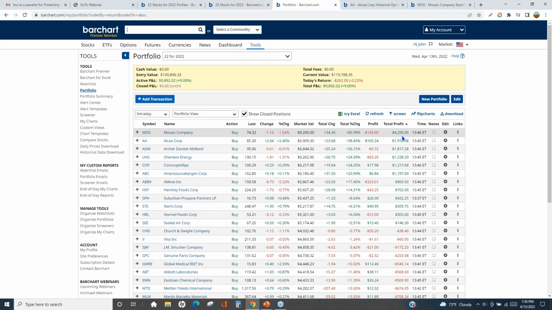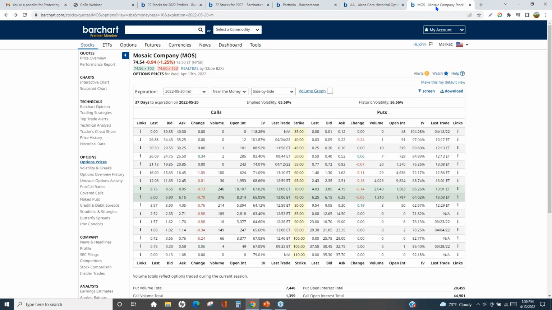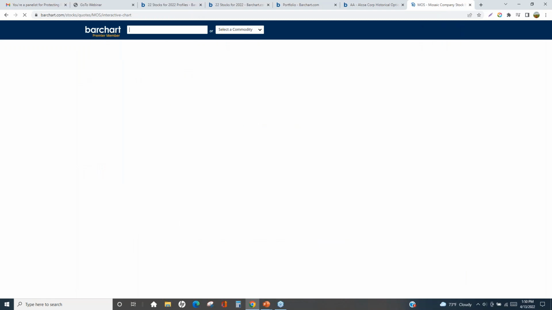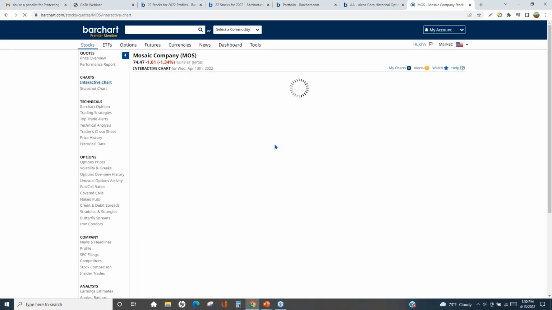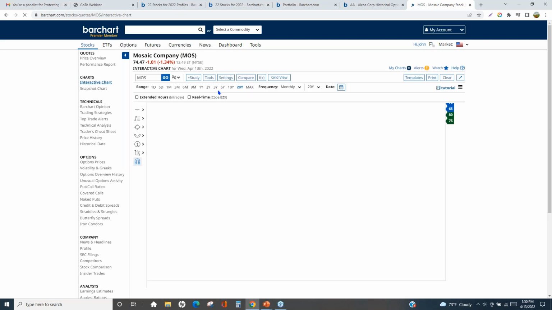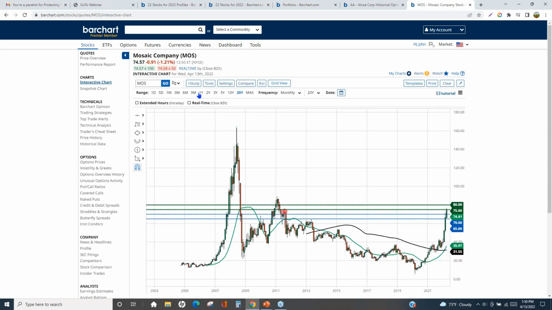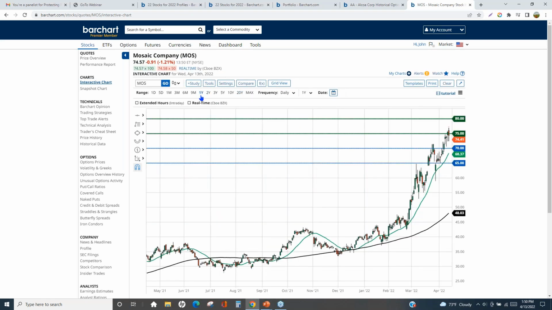Again, we're really thinking in terms of our chart. Remember Mosaic, right? If we look at Mosaic's chart over, say, the last year, this thing is parabolic. It's gone from the low 30s to almost doubled in a year's time.